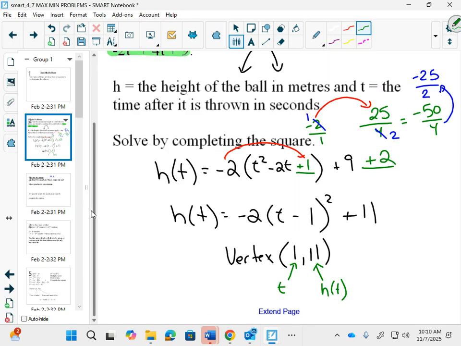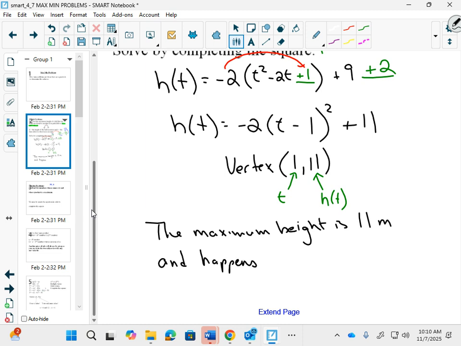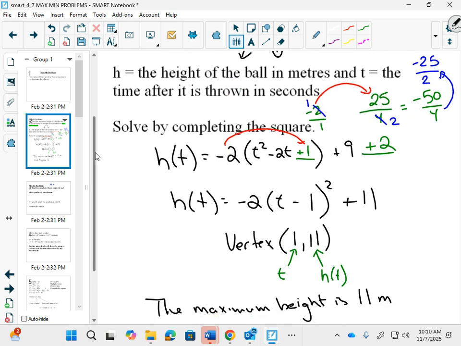Find the maximum height. I can write a sentence. And I should include my units. What was my time in? 1 second.